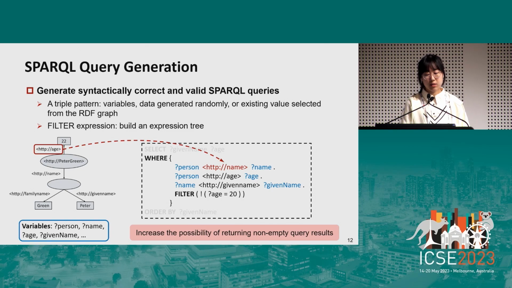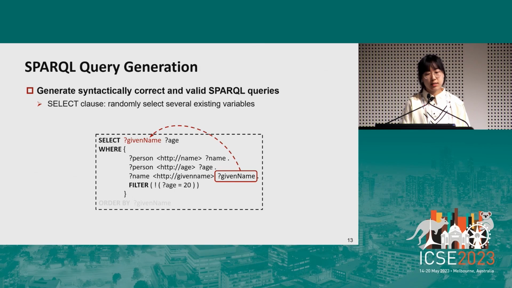The subject, predicate, and object in a triple pattern can be generated randomly or be selected from the RDF graph, which increases the possibility of returning non-empty query results. We generate a filter expression by building an expression tree. The select clause is generated by randomly selecting several variables existing in the where clause.